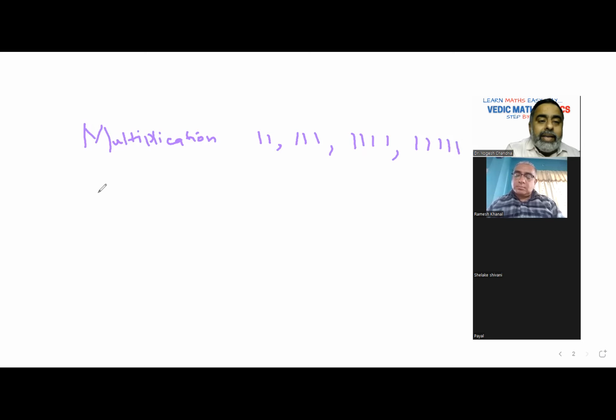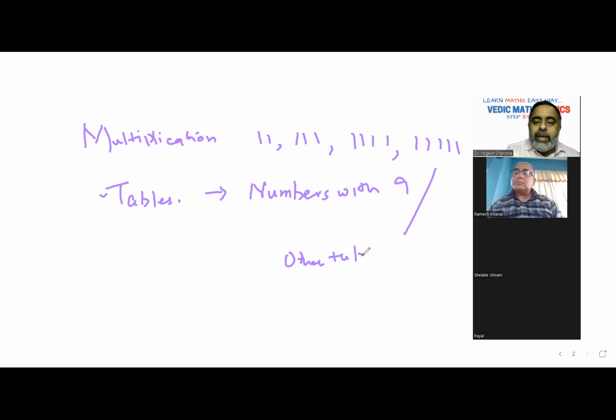Or if you have any doubts in tables of numbers ending with 9, or other tables, all other tables. If you have any doubt in these two, please let me know.